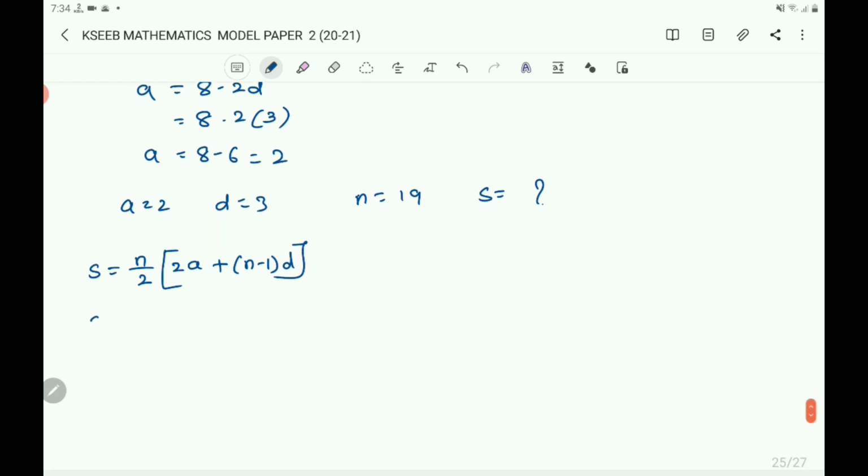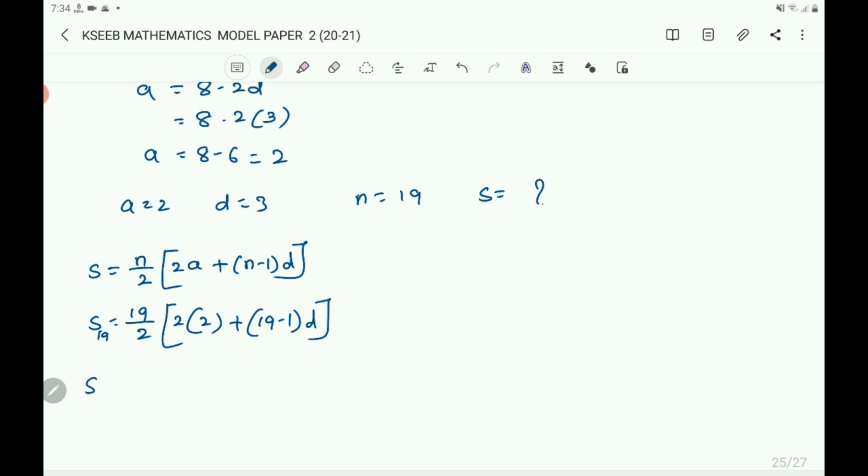Then n is 19. You can write 19 by 2 into (2 into a, where a is 2, plus (n minus 1), where n is 19, into d, where d is 3).